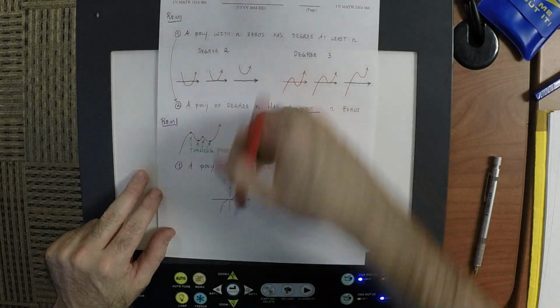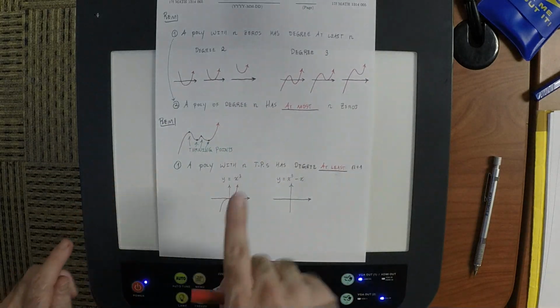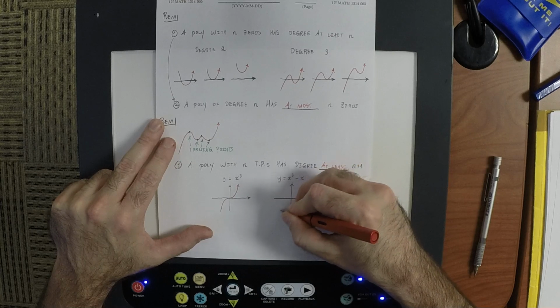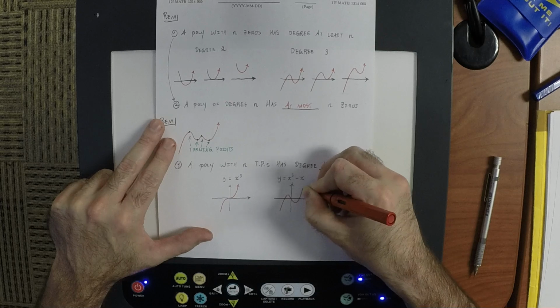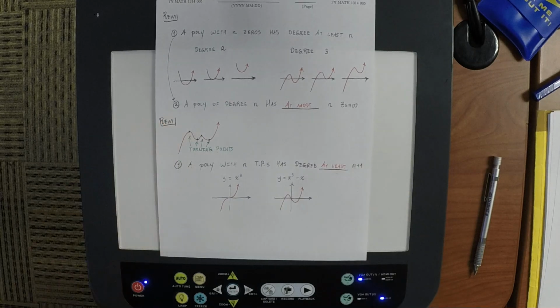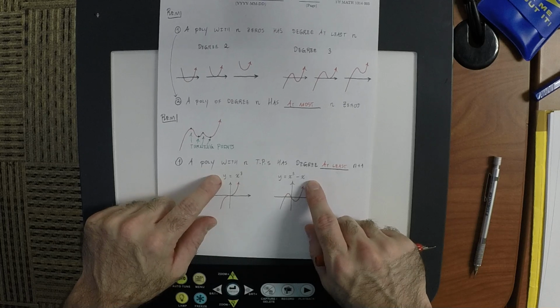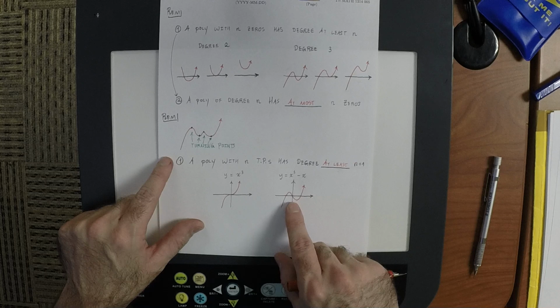And water wouldn't collect if it was falling down on this one, and it wouldn't collect if it was falling up either. Whereas this one looks like this. Now they're both degree 3. This one has 0 turning points, and this one 2.